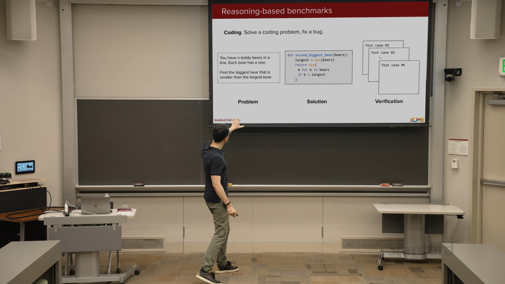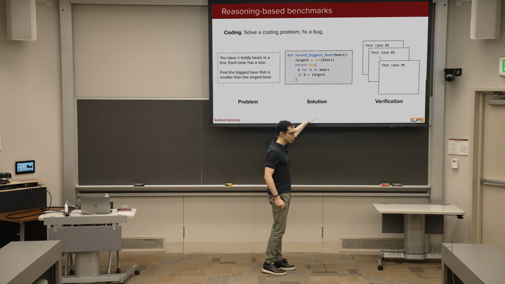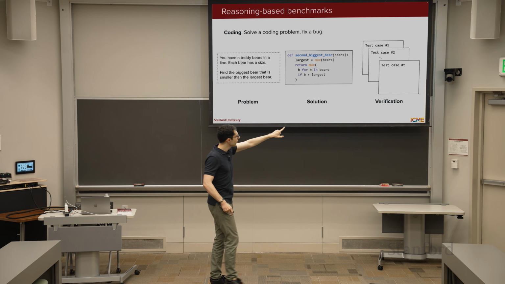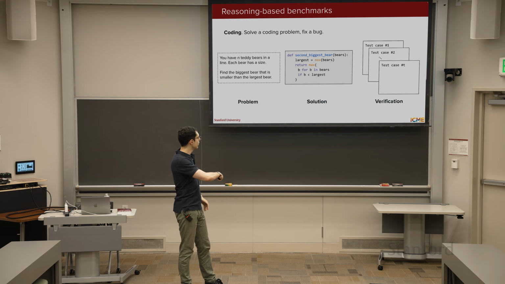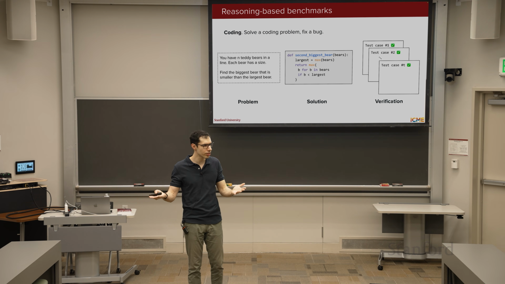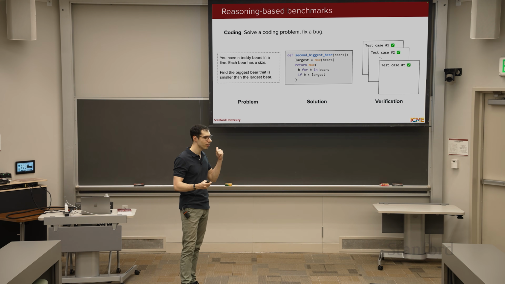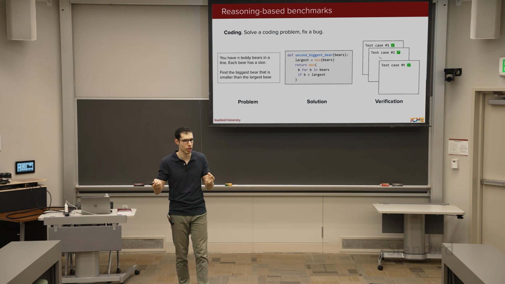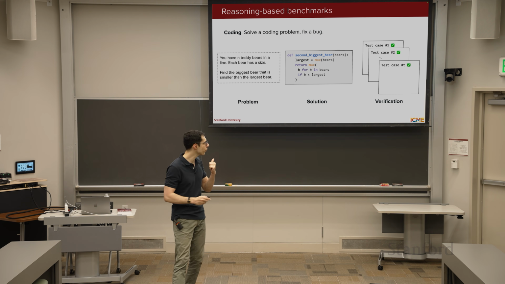Given a problem, you want to produce a solution that is able to pass test cases. If you have a solution that passes all test cases, then you have a solution that works. And this is our way of verifying that a generated response is actually a correct one. So that's for coding.